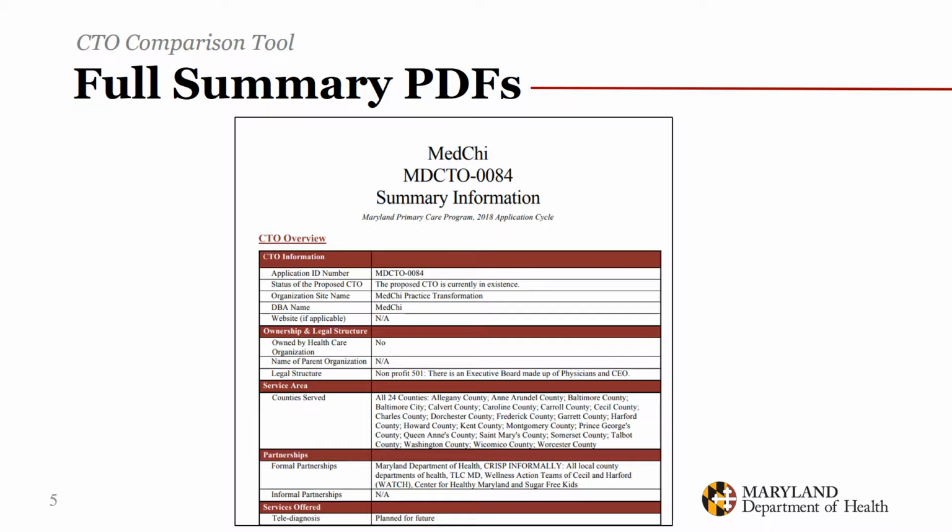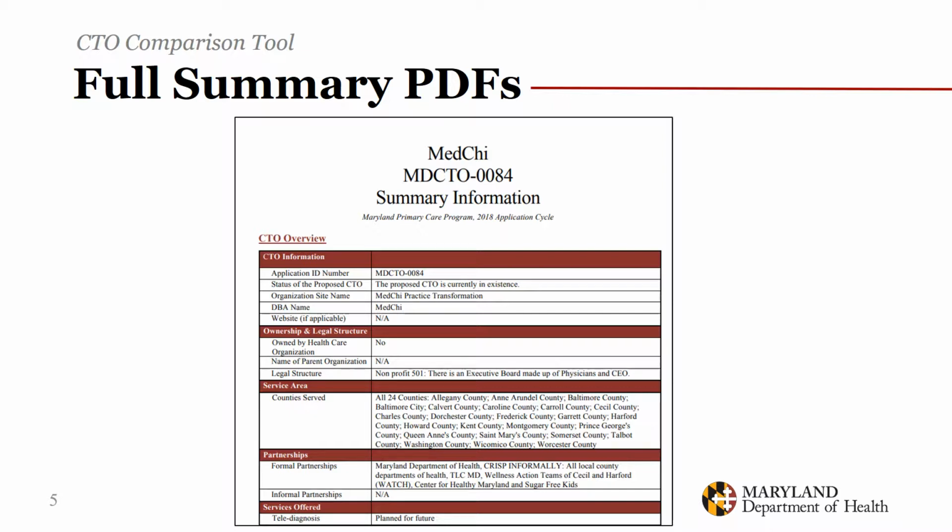So you can easily open up a few different CTOs and flip back and forth, or you can even print these out and lay them out side by side. Each PDF is structured exactly the same way, so it's easy to find the same information in the same spot and compare across different CTOs.